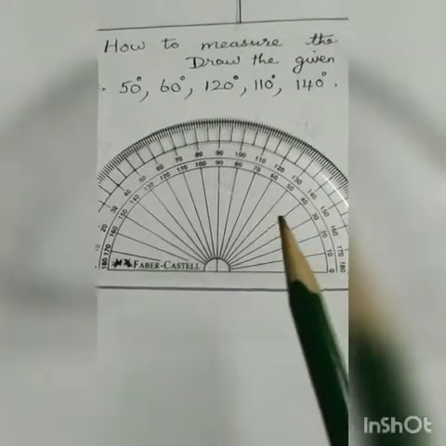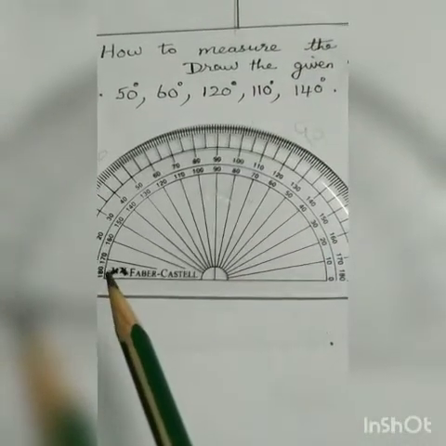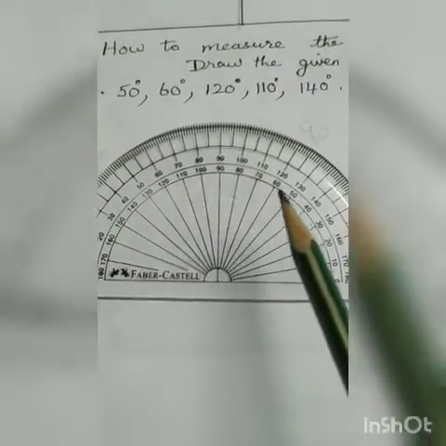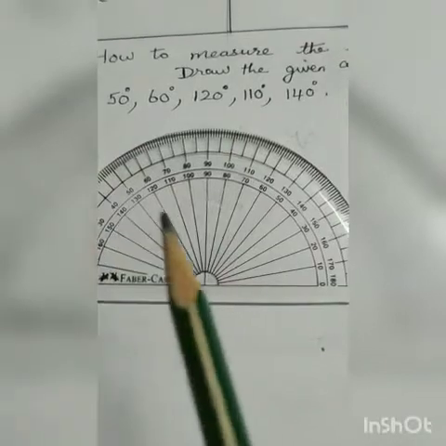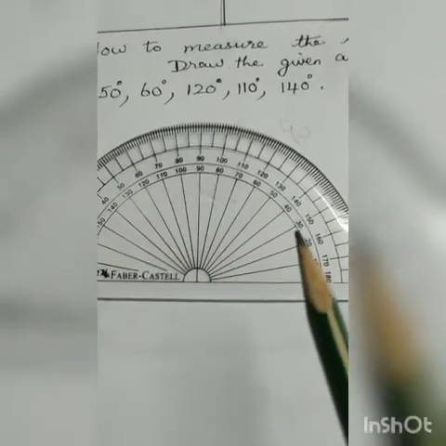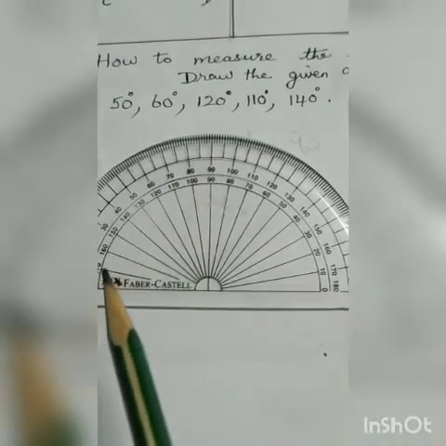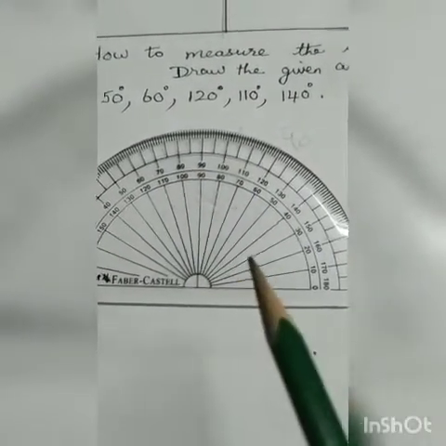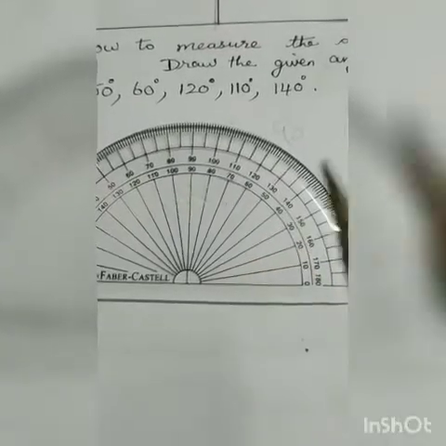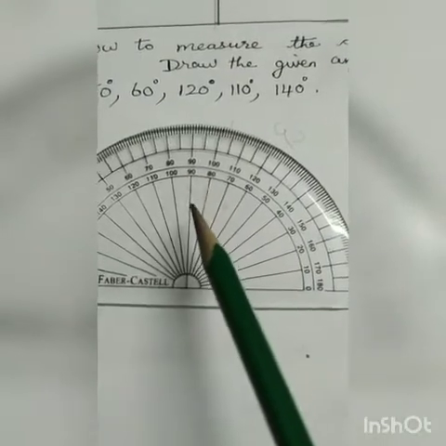Now let us see how to make the angles. You always have to see the inside measurements of the protractor, not the outside measurement. Please note, don't make a mistake. Always see the inside line of the measurement. Okay, the inside measurement for an acute angle will be less than 90.